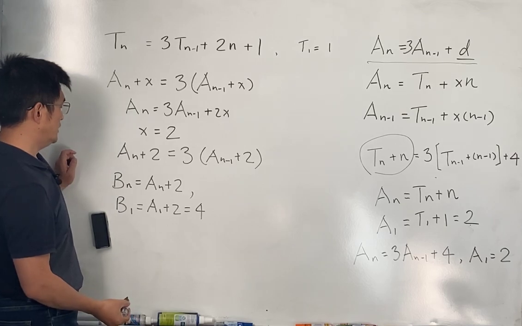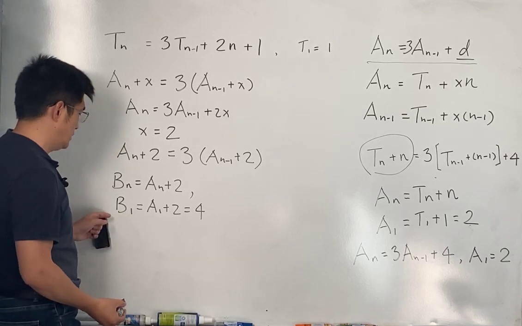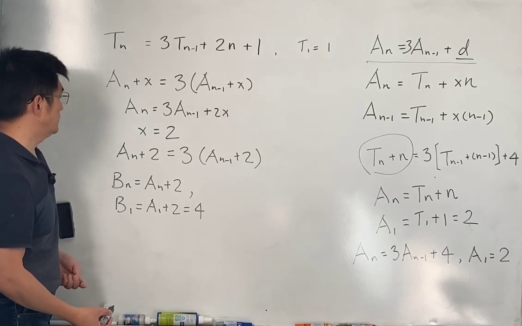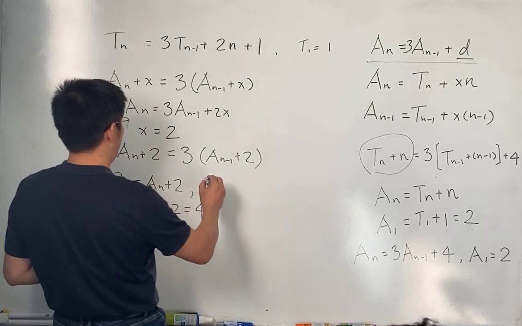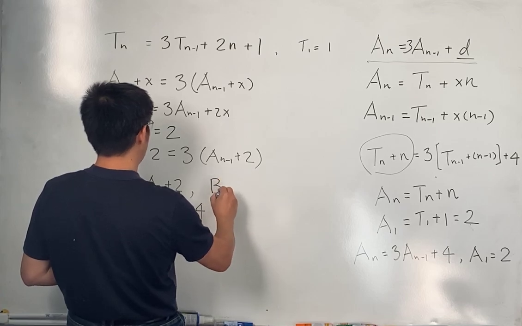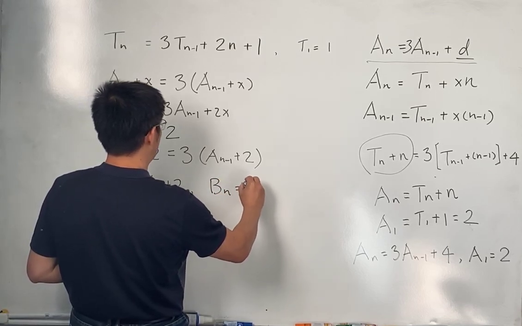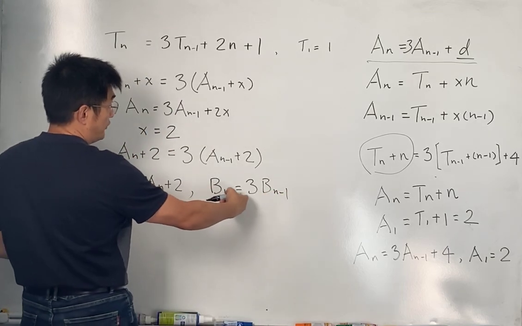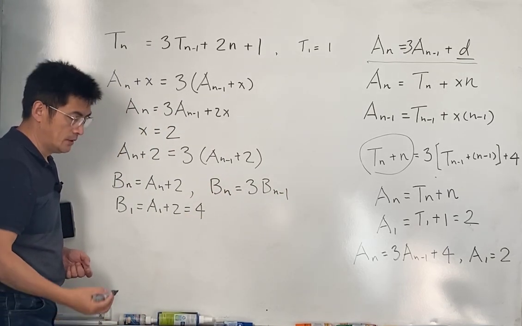So b sub 1 is 4, since a sub 1 is 2, right? So we can write this as b sub n equals 3b sub n minus 1, right? Oh, well, we're familiar with this one.